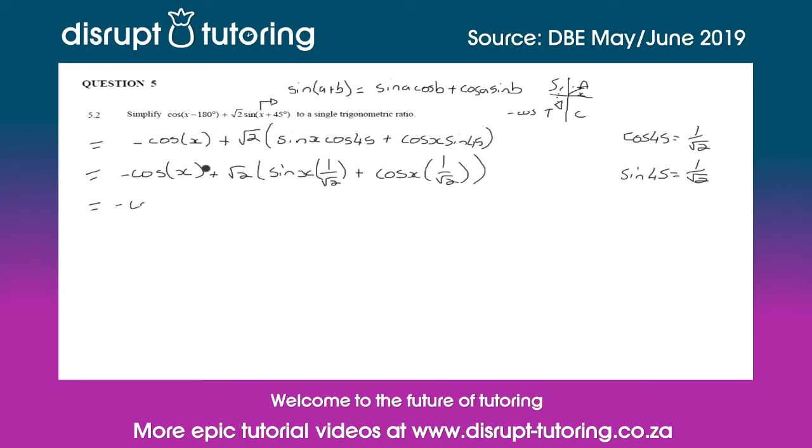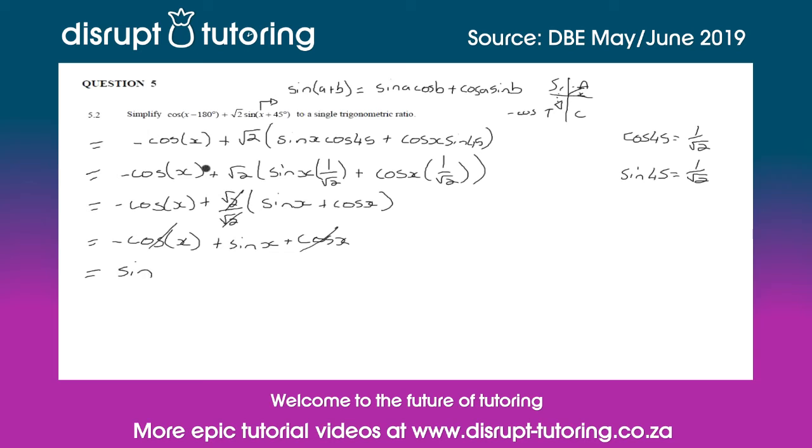This equals minus cos x plus root 2 over root 2, which cancels to 1, leaving sine of x plus cos of x. So you're left with minus cos x plus sine x plus cos x, and minus cos x plus cos x cancel, so you're just left with sine x.